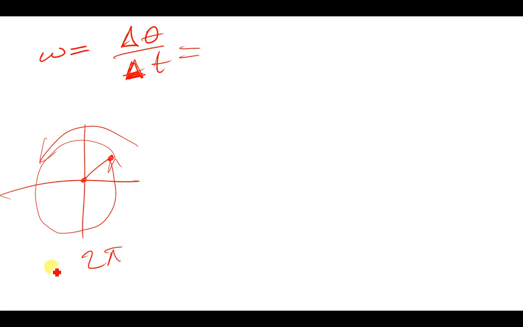In degrees, it's just 360 degrees. So we just put 2 pi there. Then everything is divided by the time taken to complete one revolution, which is just the period. So 2 pi over T is another formula for the angular velocity.